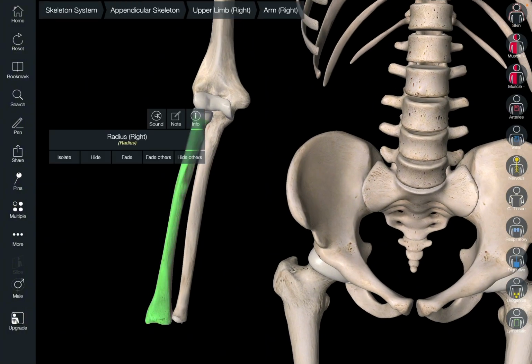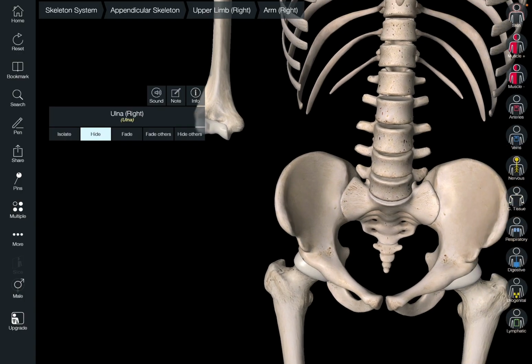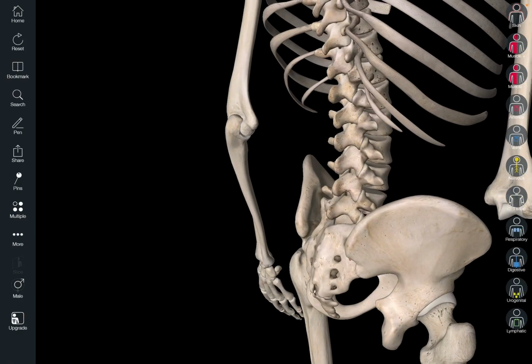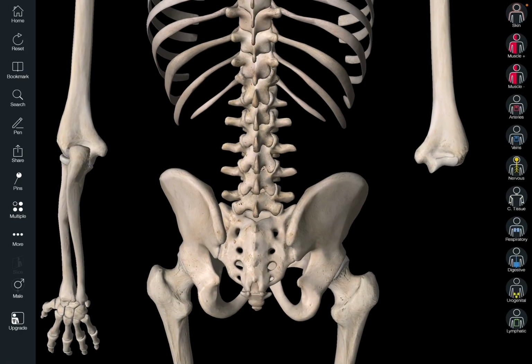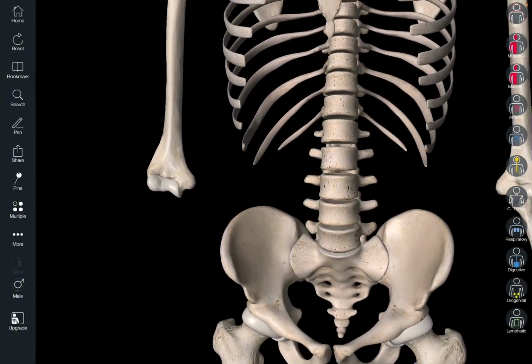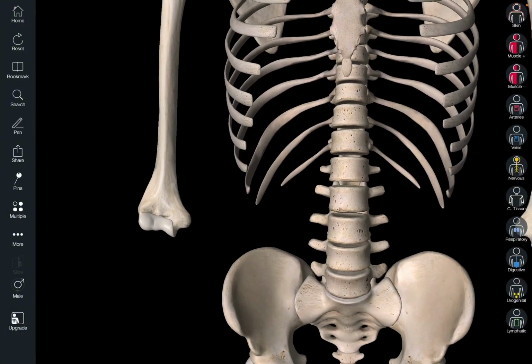So we're going to remove the radius and also the ulna, and the amputation for the elbow disarticulation removes the forearm at the humeroradial ulnar joint while preserving the entire humerus, including the epicondyles. And we can just kind of make a view rotation here so you guys can see the entire structure there.